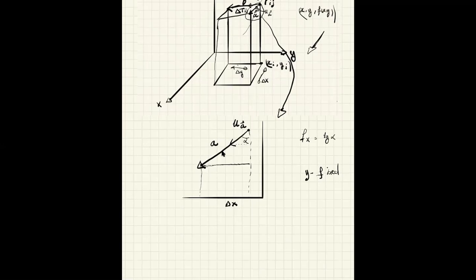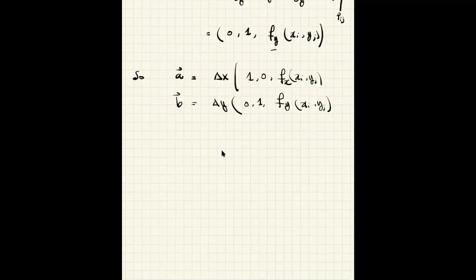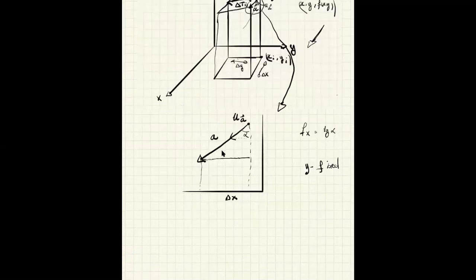So when you multiply by delta x, it gives you this length. Sorry, I just have to make sure that I'm making sense. You have to make sure that everything works out, but it's not necessarily this vector here.